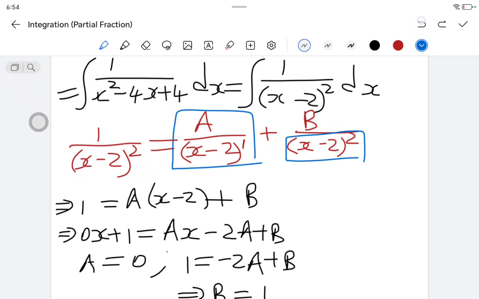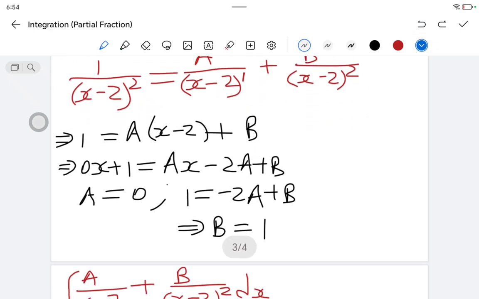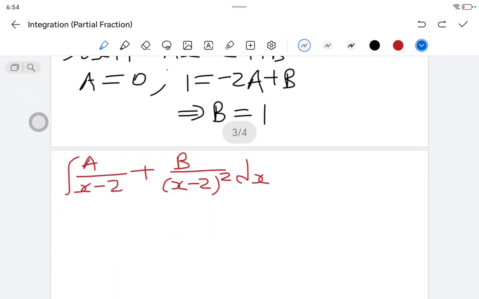From there, you can use either this method or the other one, where you say x equals 2. Then you can use both methods. Is it fine? Yes, it's fine, thank you.